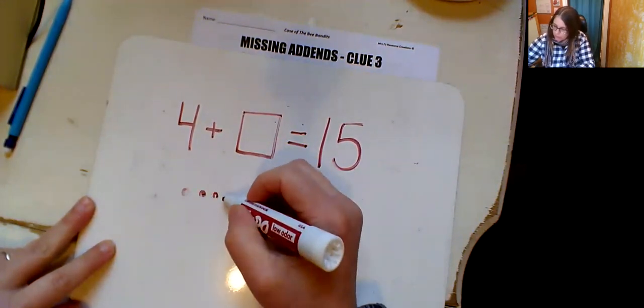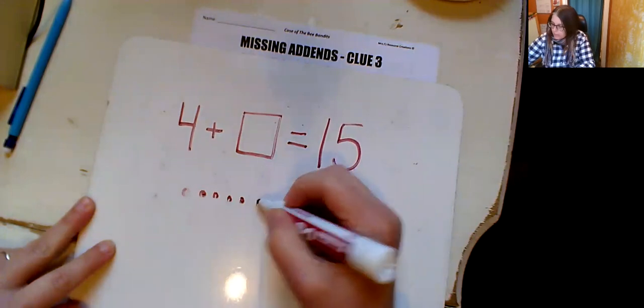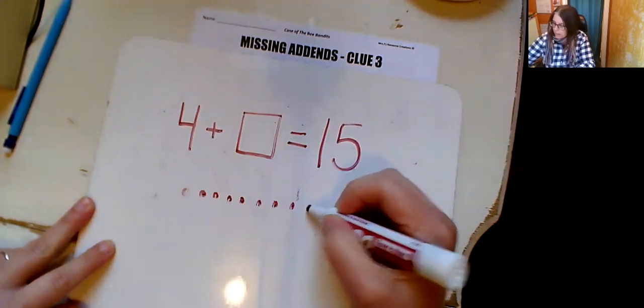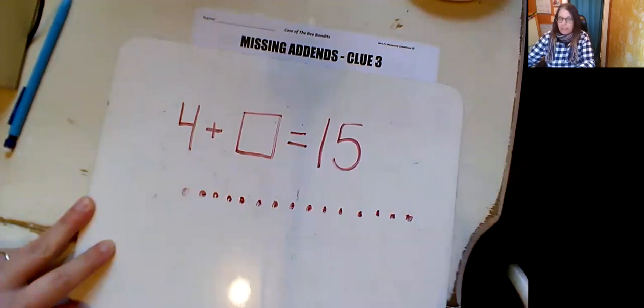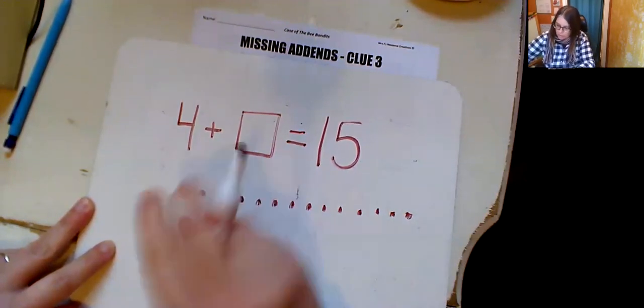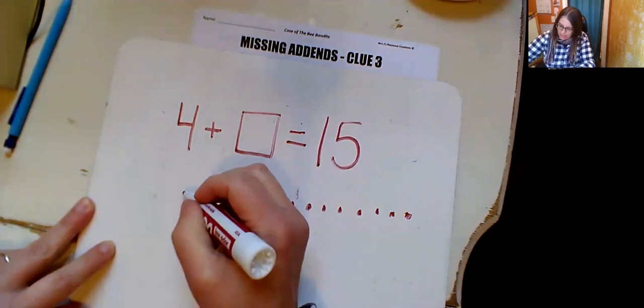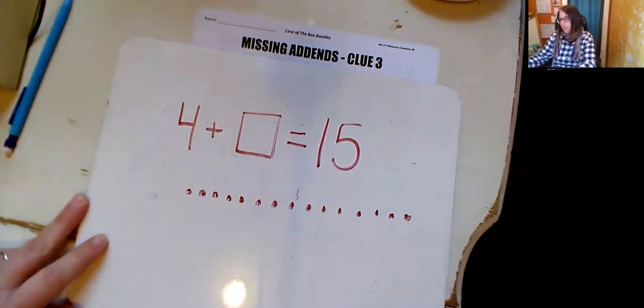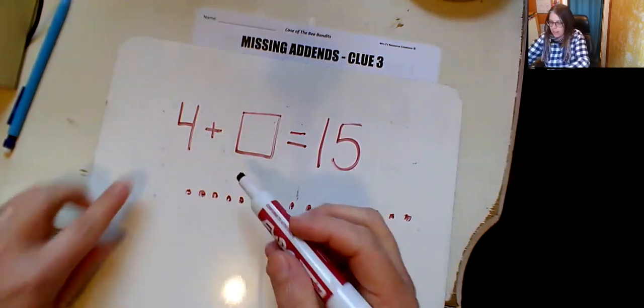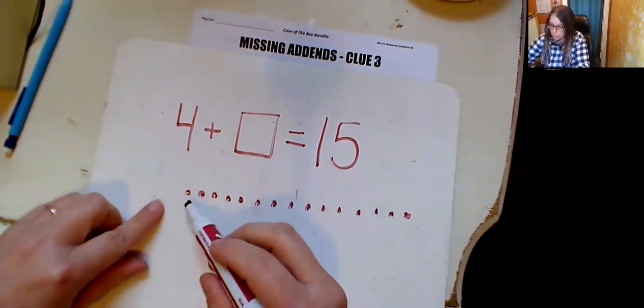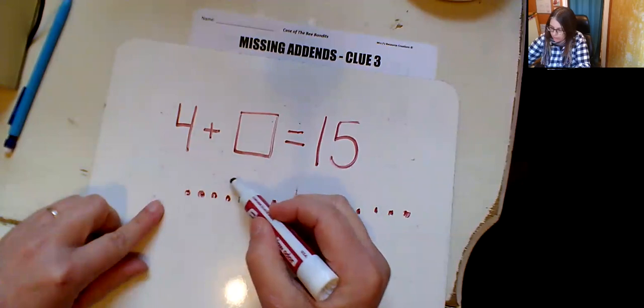1, 2, 3, 4, 5, 6, 7, 8, 9, 10, 11, 12, 13, 14, 15. So if I drew 15 dots, and then I can count out, there's 4 here. 1, 2, 3, 4.